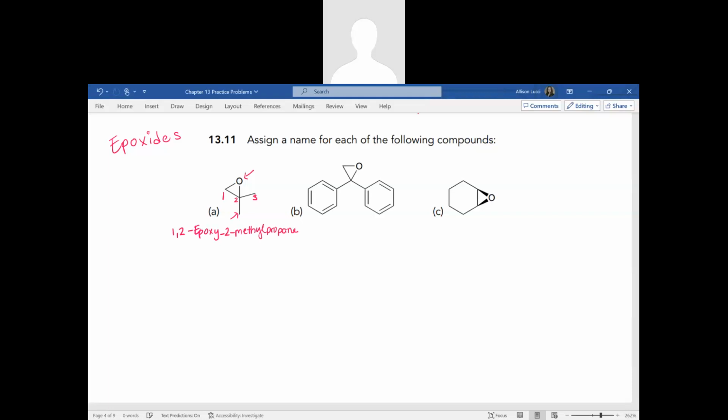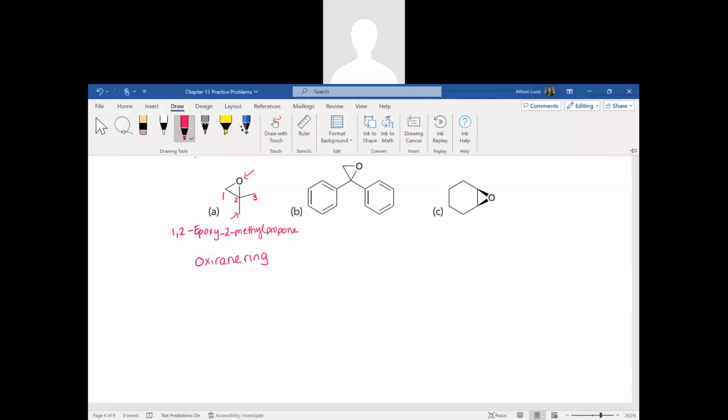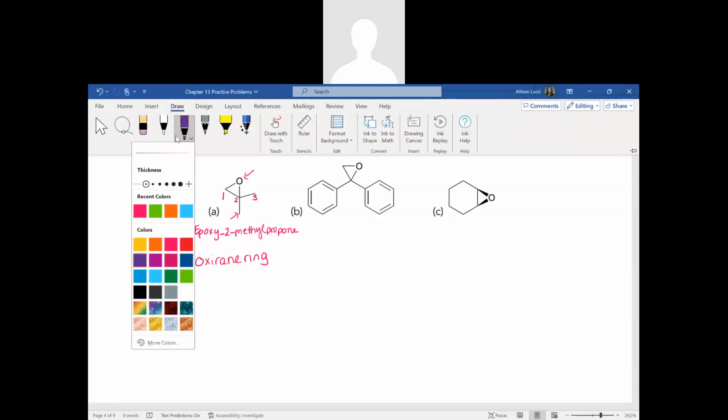Or, according to our second method for naming epoxides, our parent could be considered the oxirane ring, with the oxygen always being defined at position 1. So the ring would then have 2 methyl groups. Let's draw.